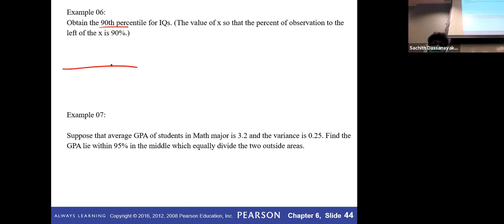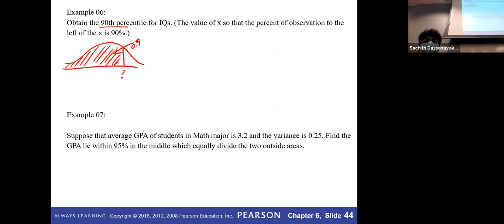If I draw this, the 90th is somewhere here, right? This area, probability or percentage, is 90, or 0.9. We need to find the value here.